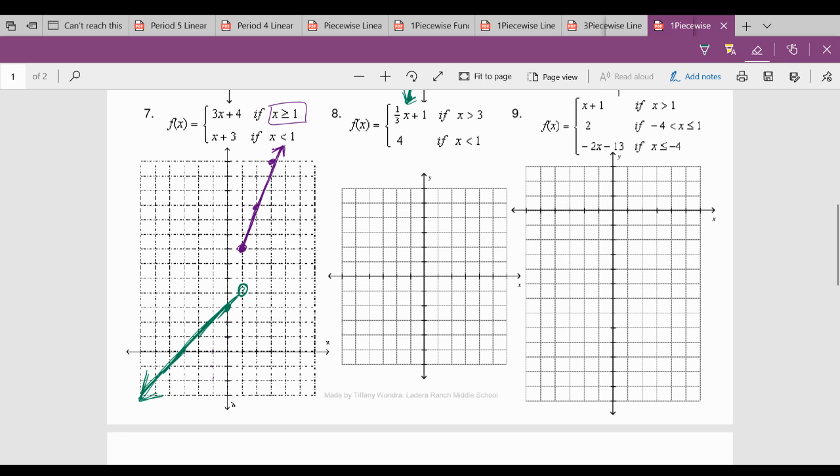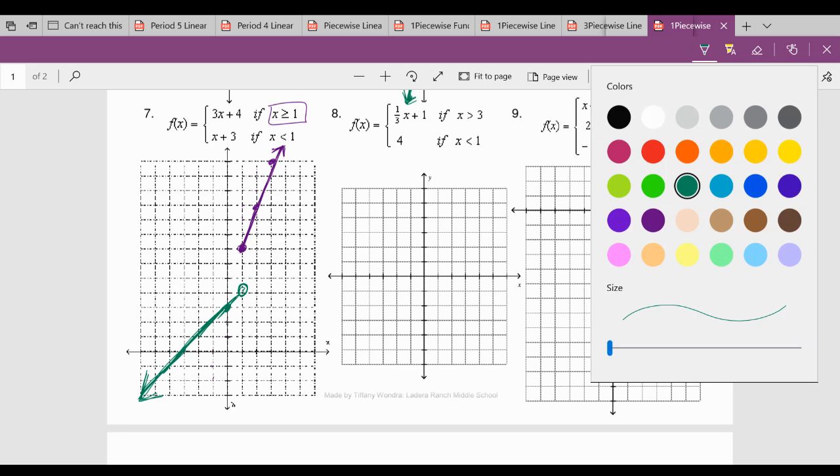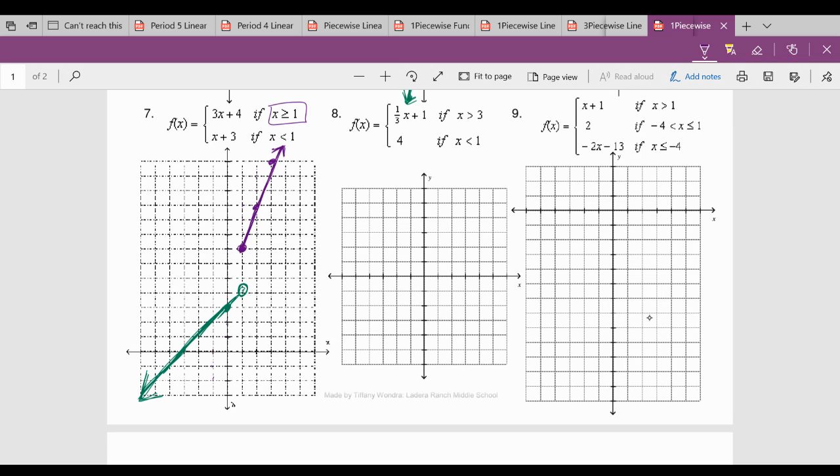All right. Next one, we have 1/3 x plus 1. My y-intercept is 0, 1. My slope is 1/3, so I can go up 1 over 3 or down 1 and to the left 3. And that'll help me create my line here.